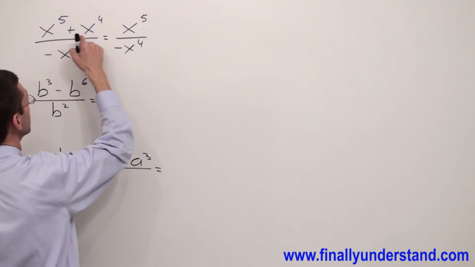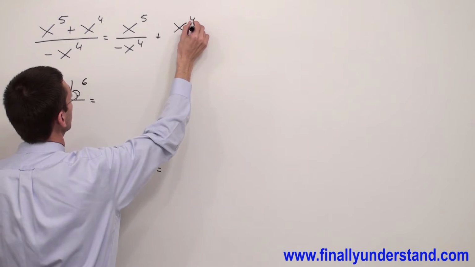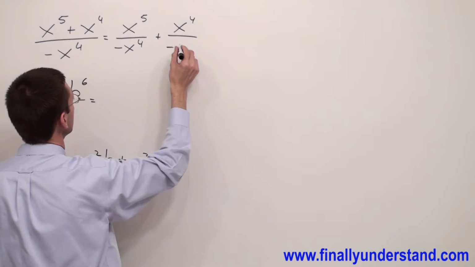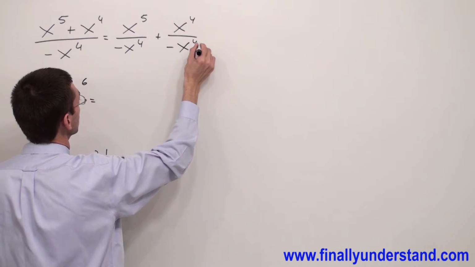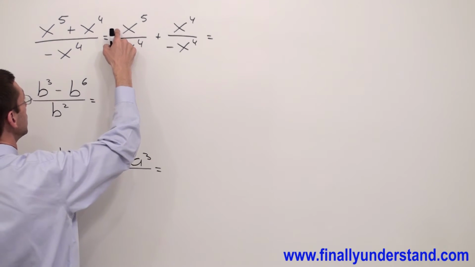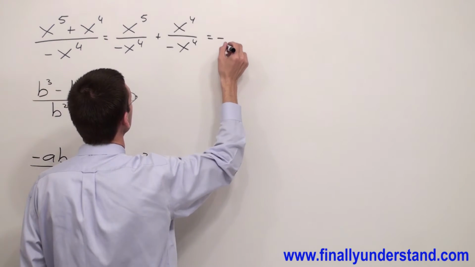I'm supposed to keep the sign plus x to the fourth over, again, denominator negative x to the fourth equals invisible positive divided by negative will give me negative.